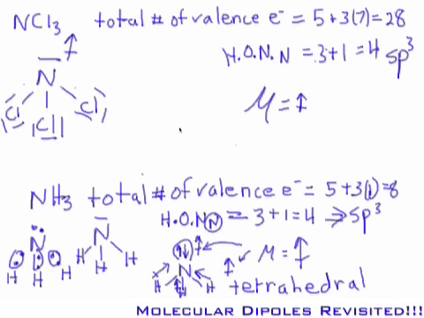But because the dipoles all add together in the case of NH3, its dipole's bigger. So if I was to rank in increasing order, BF3 is less than NCl3, which is less than NH3. And I would have had to show all of this when asked to show my work.